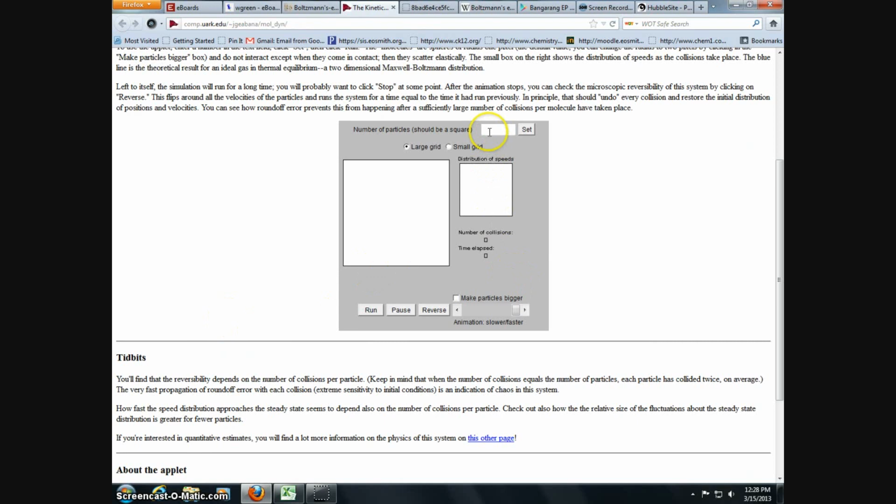Okay, now let's look at a real system and what it might look like. This is a little applet that allows me to make a whole bunch of particles as long as I make them a square. So I've got 144 particles in this case. Now in this little graph, what I've got on the y-axis is the energy of the particle.